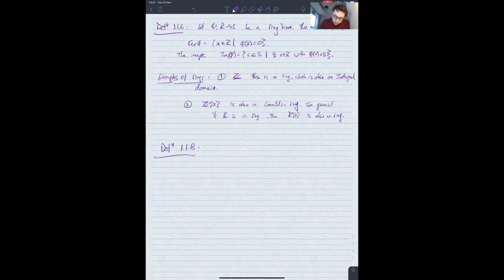A field F is a commutative ring, well, I'm not saying why I'm writing commutative because we assumed it always, but it's a commutative ring such that every non-zero element has a multiplicative inverse.